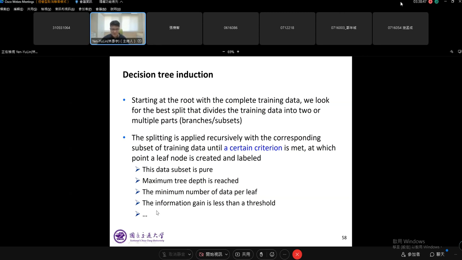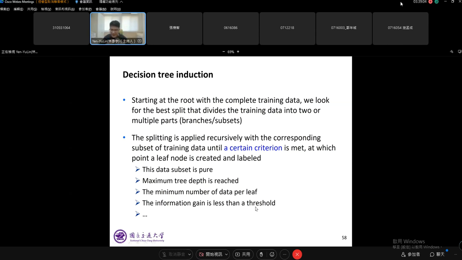The fourth criterion is widely used: the information gain is less than a threshold. We say at a decision node, we can further split the data set into 2 subsets.